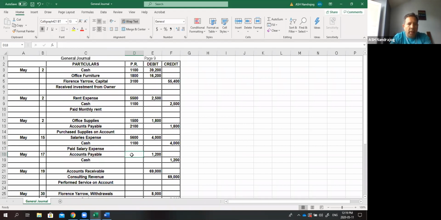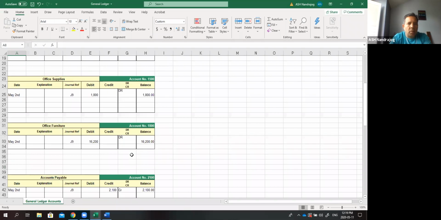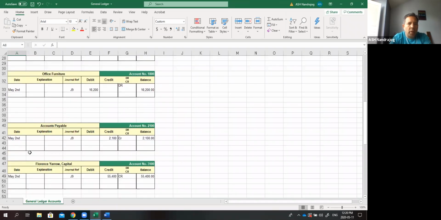Okay, now we have May 17th, accounts payable for 1200 paid with cash. So that we have to post. So accounts payable is account number 2100 and the date is May 17th, and the journal reference is J9.